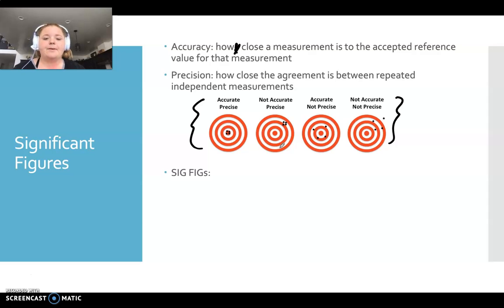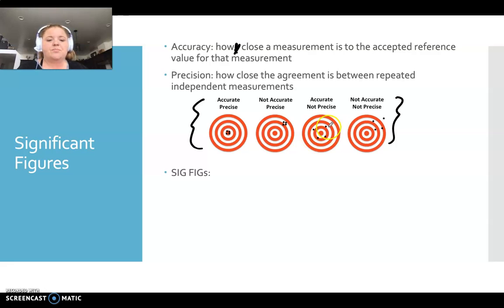But say I am trying to hit the bullseye and I instead am over here. It's not accurate anymore because it's not right on the dot, but since they're all clumped together, it is precise.